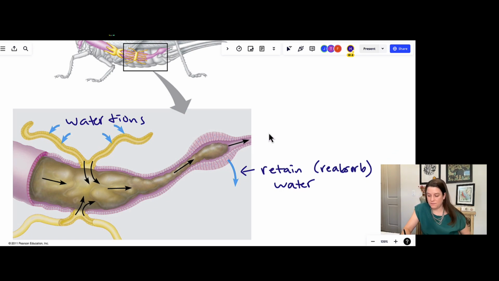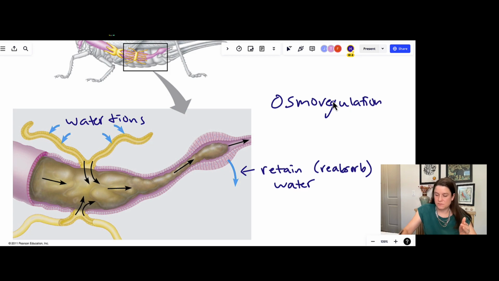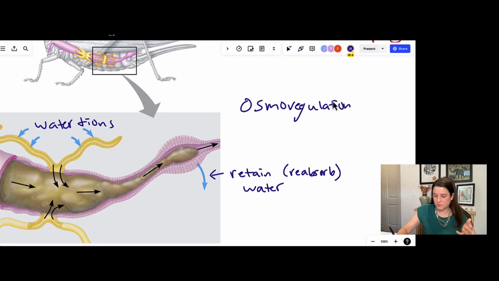Then they'll get the feces out, that is undigested food, and also the uric acid will come out this opening at the end, the anus. But they're going to be retaining a lot of the water because they pull it back in, regulating the ions. So this is an osmoregulatory system in addition to the excretory system. So it's both nitrogenous waste as well as osmoregulation.